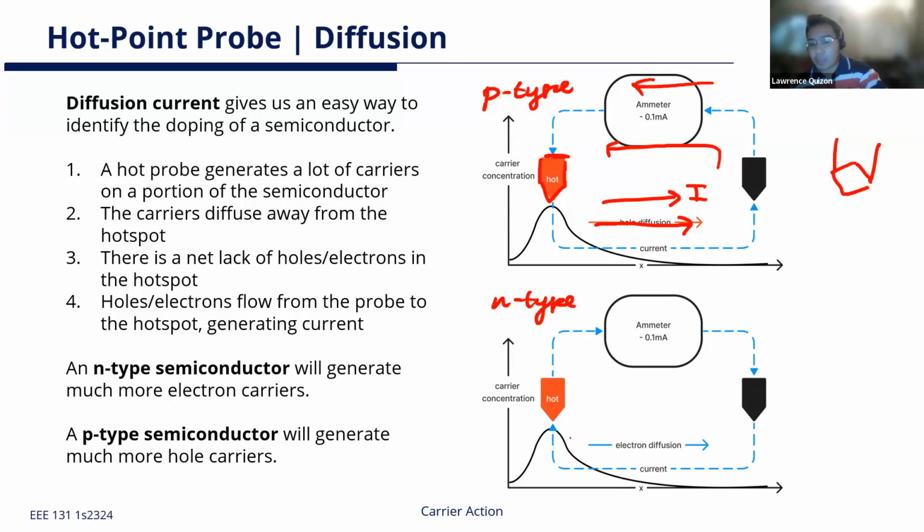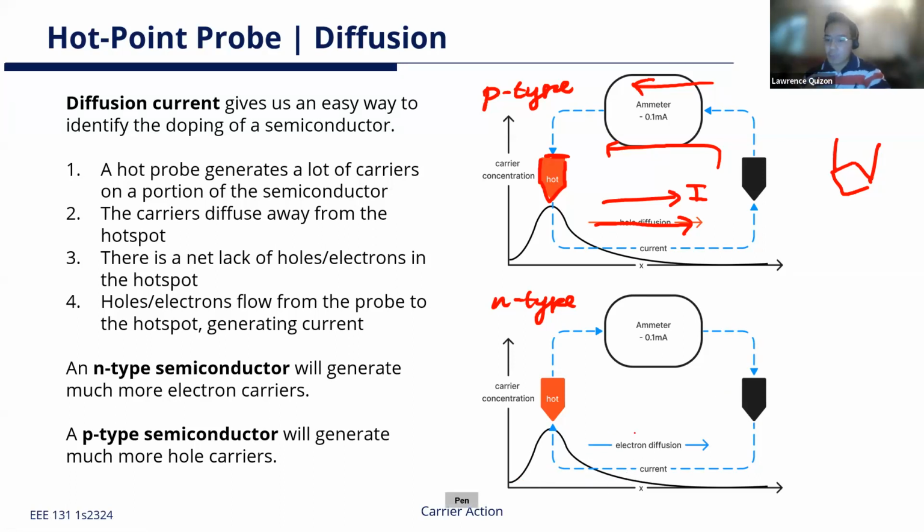Likewise, if it's an N-type semiconductor, this would be electrons, no? It's electrons that increase, right? By the way, little detail, the holes also increase, right? Because they're also carriers. But on an N-type, there's definitely many more electrons than there are holes, so the current due to the holes is drowned out.